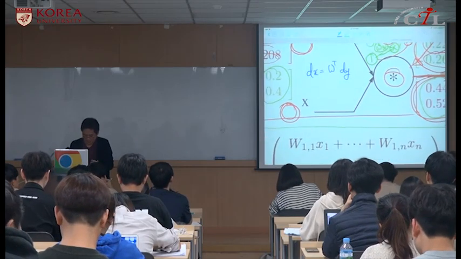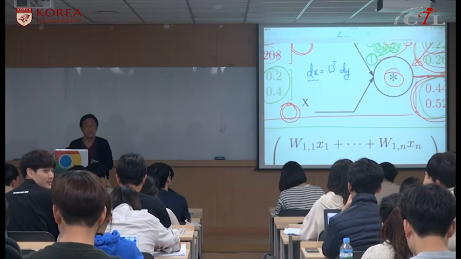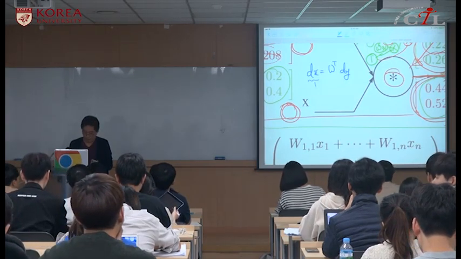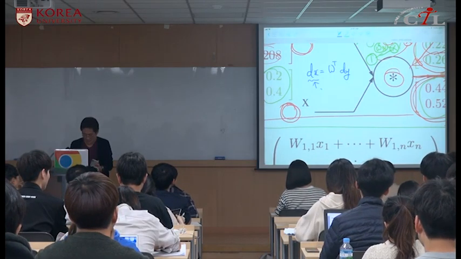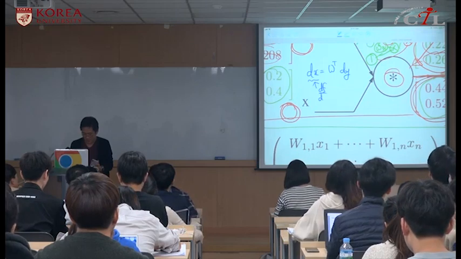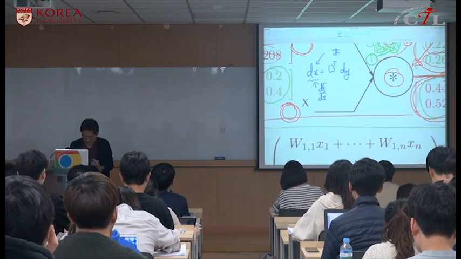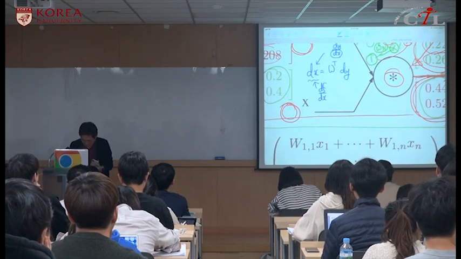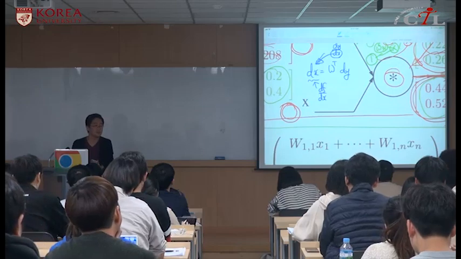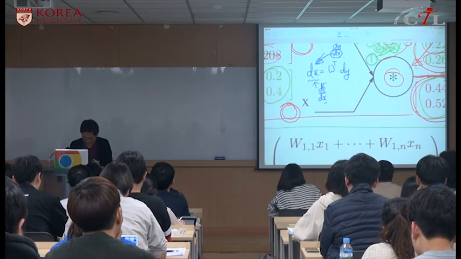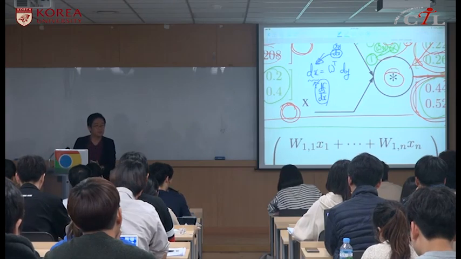One thing that I want to note here is that this is not really dx. Its meaning is df over dx. It's not like dy over dx. The numerator is fixed as our final loss function f.